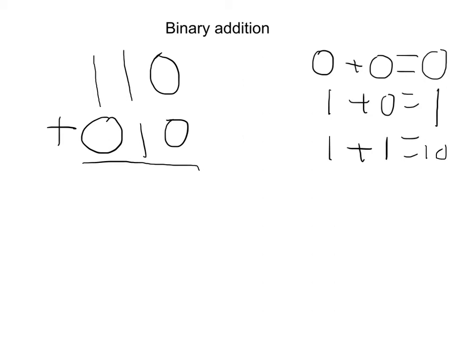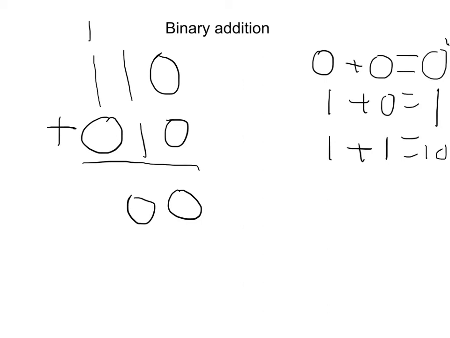Let's look at this problem, 1, 1, 0 plus 0, 1, 0. 0 plus 0 equals 0. 1 plus 1 equals 0, 1. So I have a carryover into the next column. And in that next column, it's 1 plus 0 plus the carryover of 1. And we know 1 plus 0 equals 1.